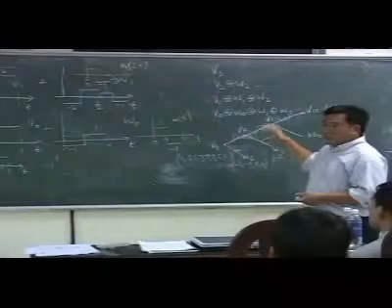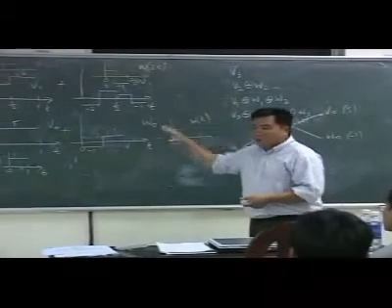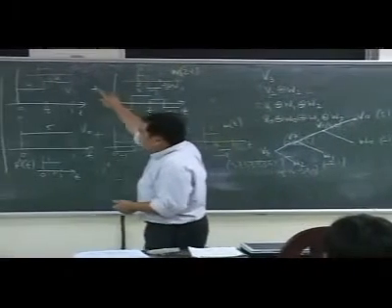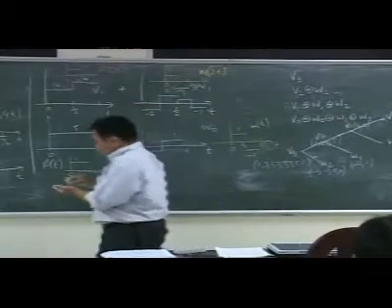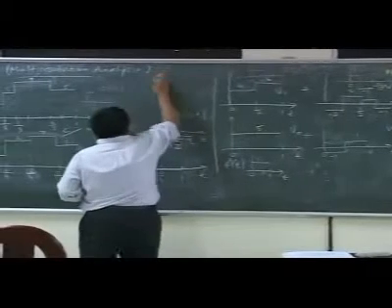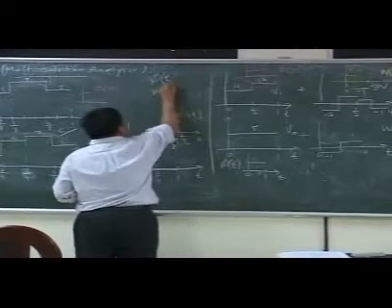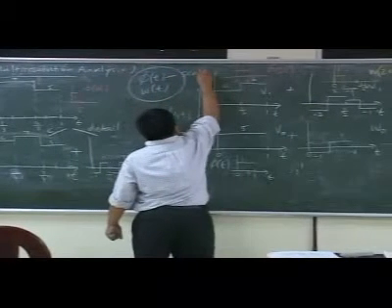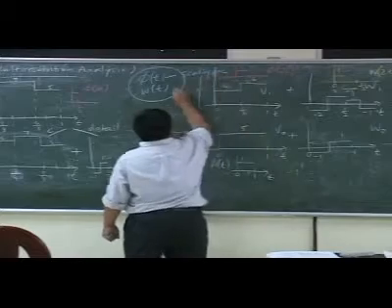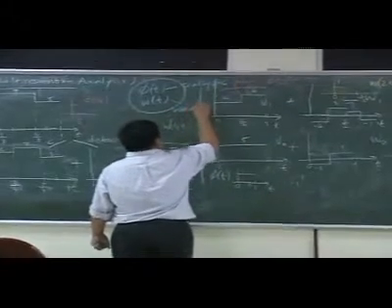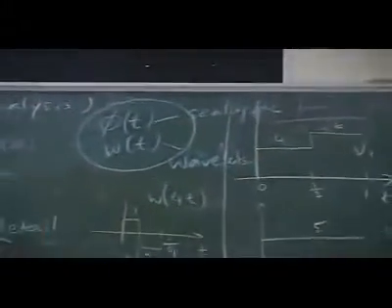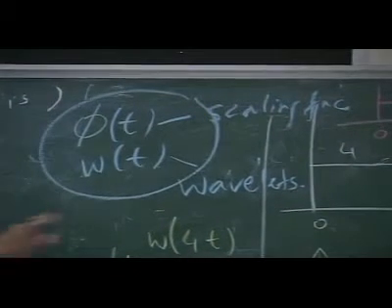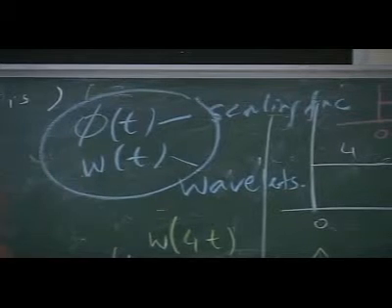That's an example. You see all the basis functions are associated with this. The nice thing here is that the basis function has scale. We have phi of t. I only have to know phi of t and w of t. The scaling function is called scaling function, and this is called wavelet. For every dyadic wavelet system, there's a scaling function associated with the low pass operation.